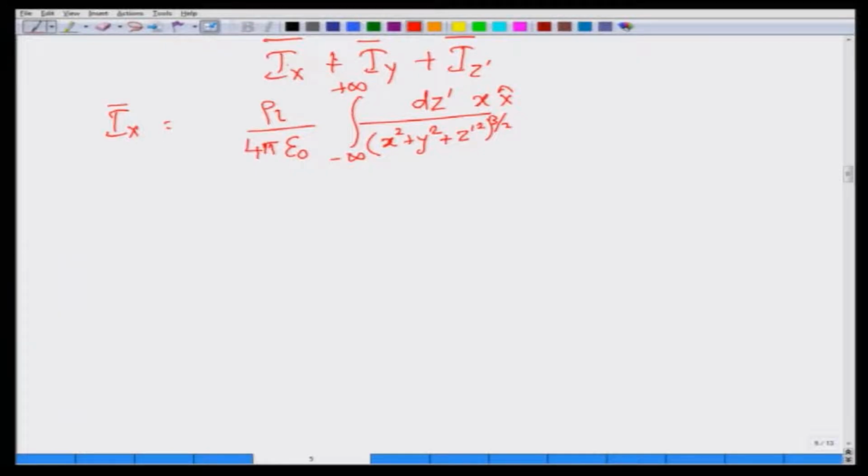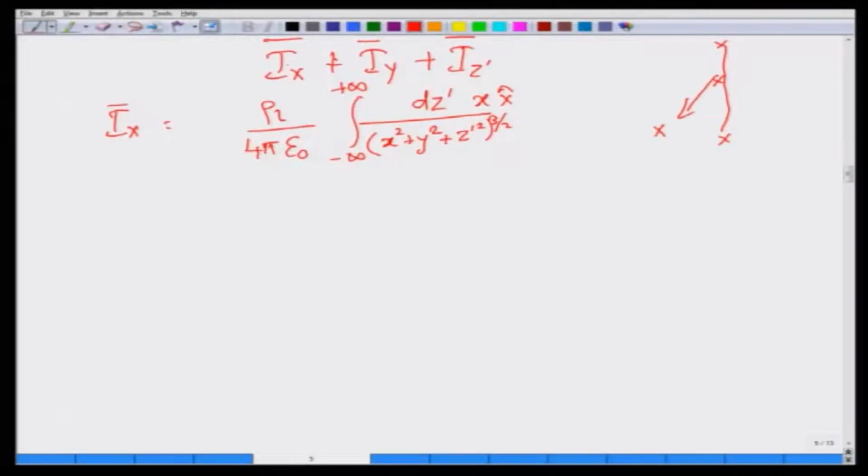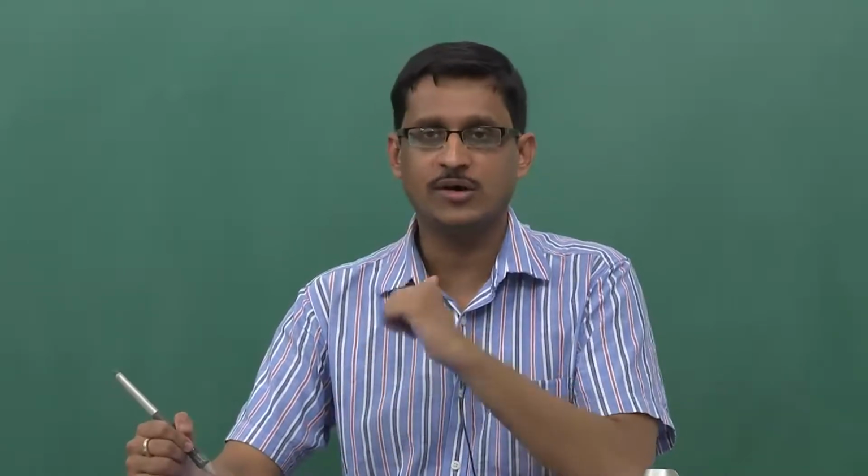First of all, look at this: as z is changing, physically what is happening is that I am moving from z equal to minus infinity all the way to z equal to plus infinity. So at each point as I move, what is happening to the direction of the x vector? The direction of the x vector is still the same. At every point along the z axis, the direction of the x vector is not changing, it remains in the same direction as the x vector that would be there at the origin.